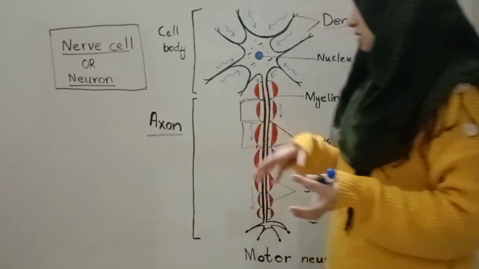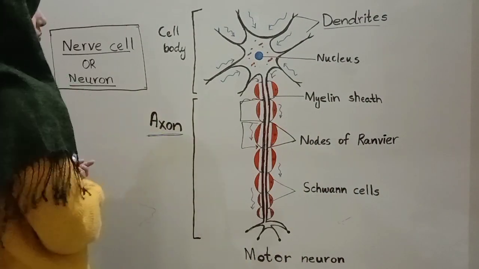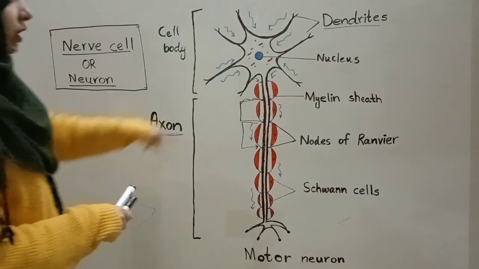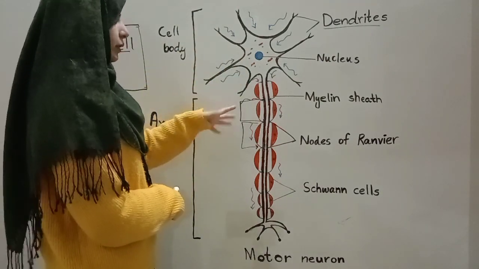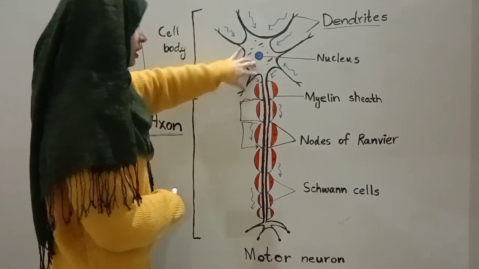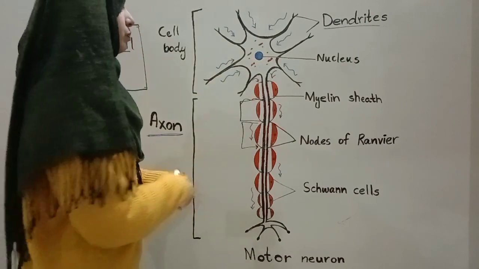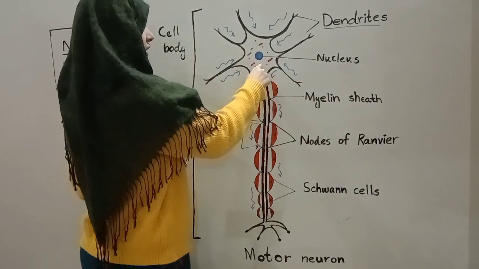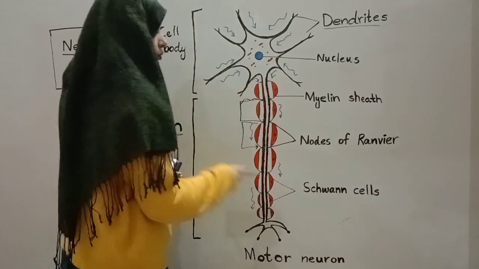Basically, a neuron consists of a cell body and an axon. The cell body consists of two things, the nucleus and the cytoplasm. Two processes extend from the cell body, dendrites and axon. Dendrites conduct nerve impulses towards the cell body, and the axon conducts nerve impulses away from the cell body.